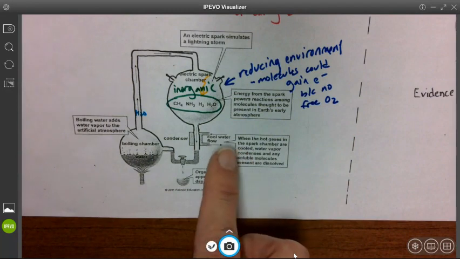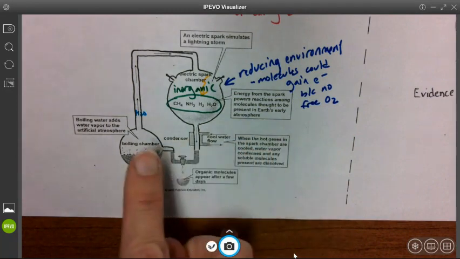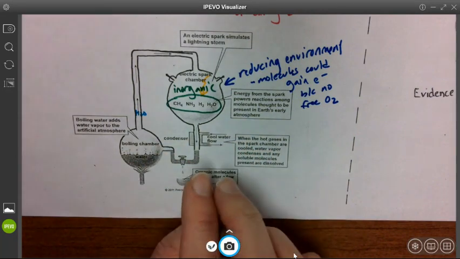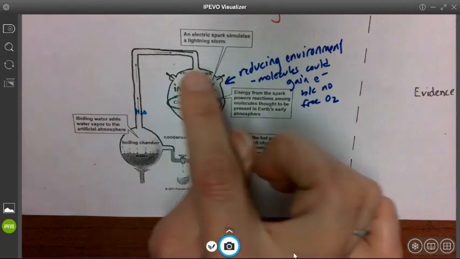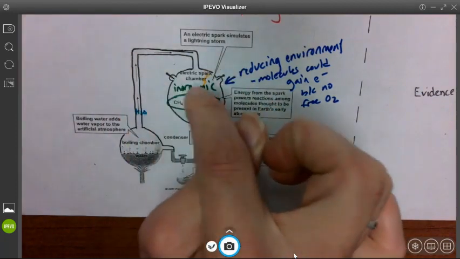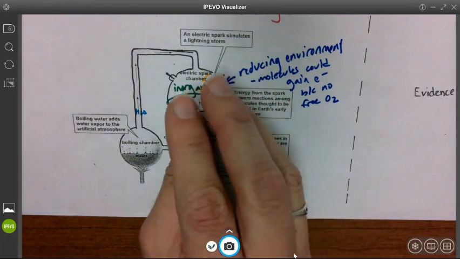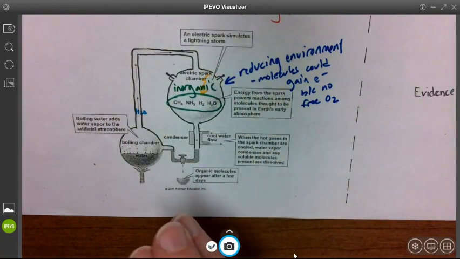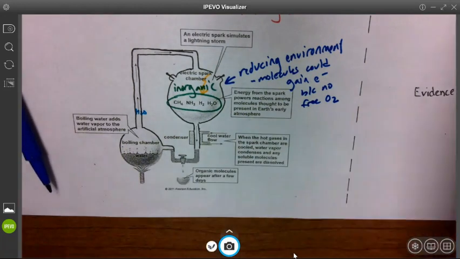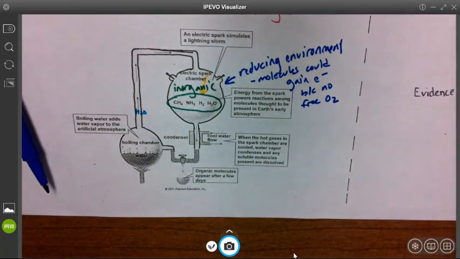Then they started to make cool water go around the outside of this container. They had a condenser that took all the molecules that were forming here based on early Earth conditions, and they cooled them down, because Earth cooled down a little bit. After a couple days, they came down here and collected the condensation.